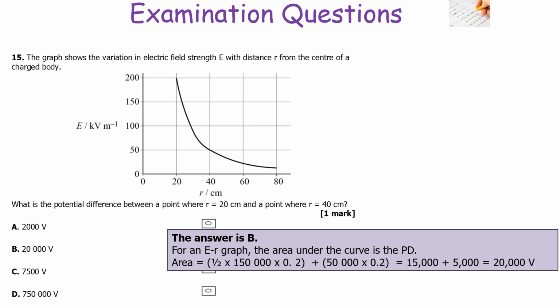But the trick you've got to remember is that the y-axis is kilovolts per meter, so you've got to convert those values, for example from 50 to 50,000 or from 150 to 150,000. So you work it through and you get 20,000 volts.